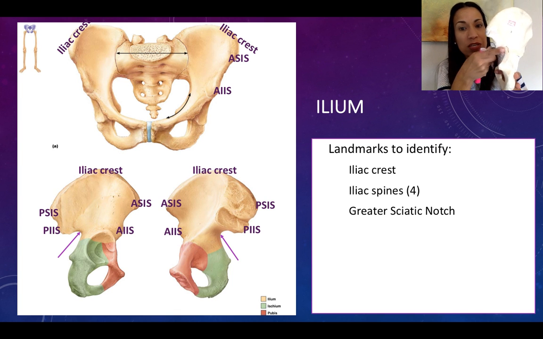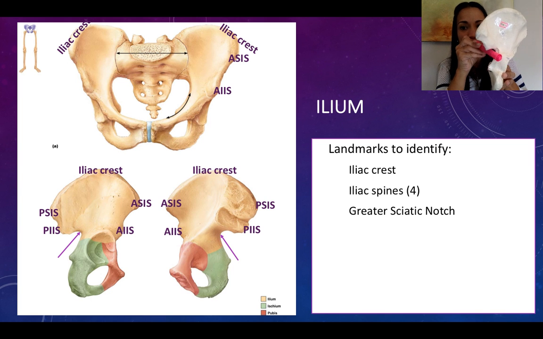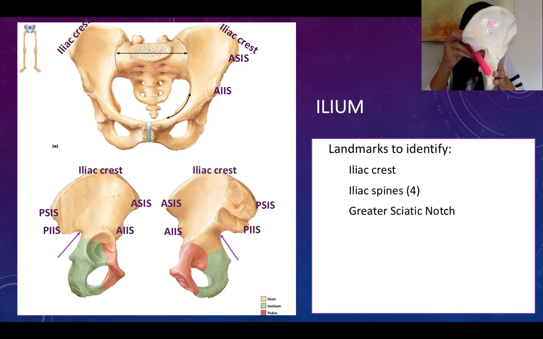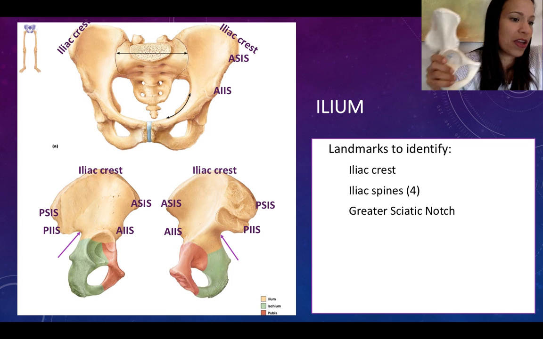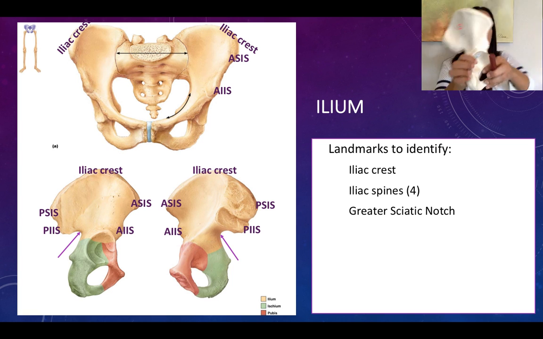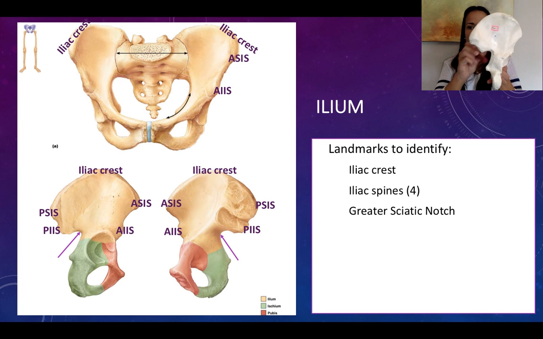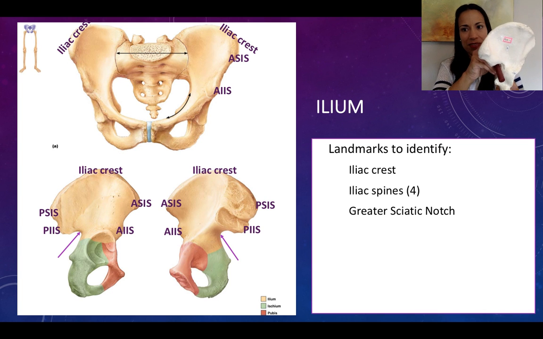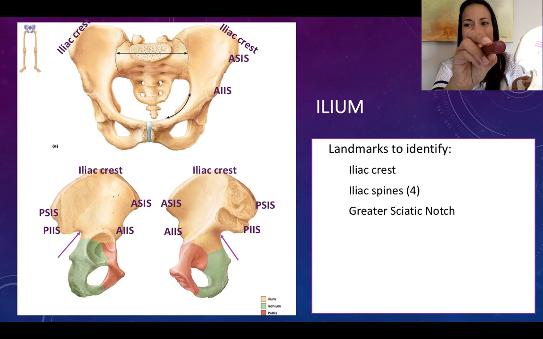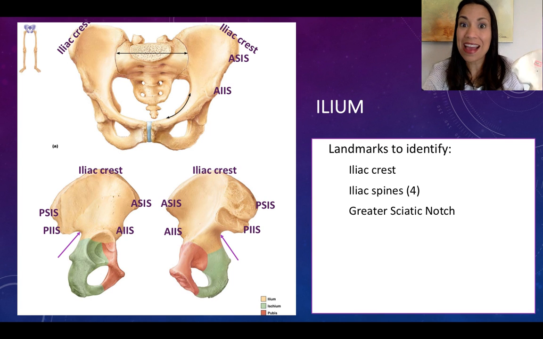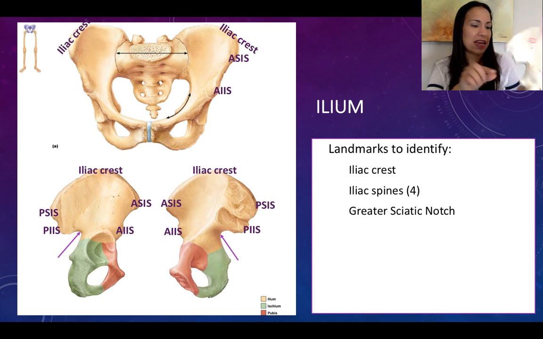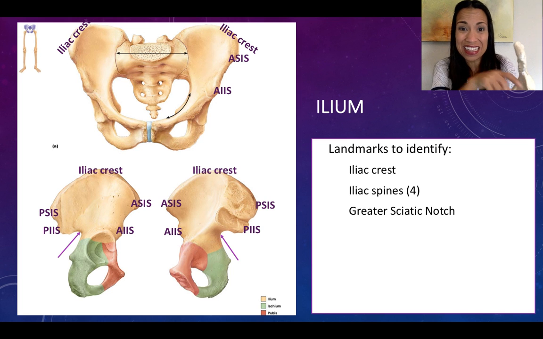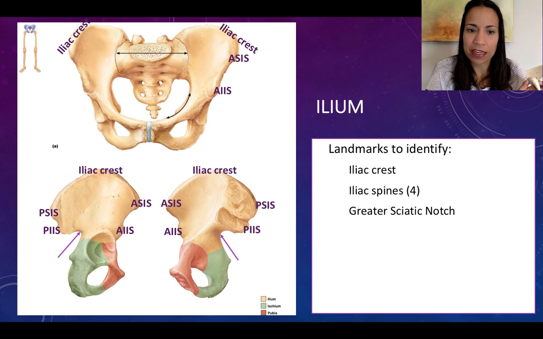Look at the diameter of the notch, a little bit smaller than that, of the sciatic nerve. Like that. So this is the diameter of the beautiful sciatic nerve. We'll talk about that later.